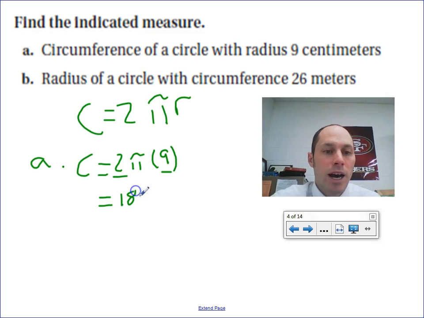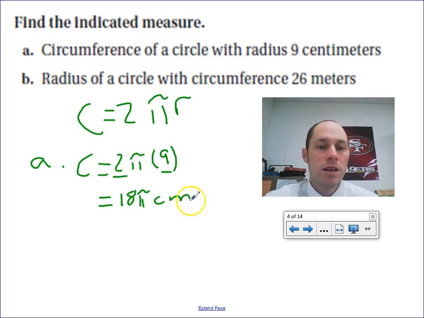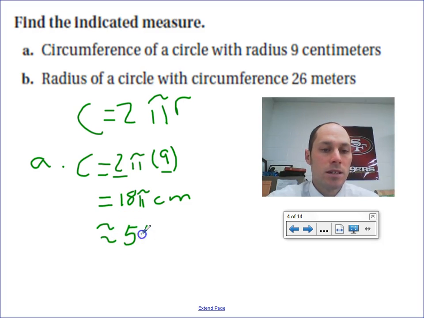So it's 18 pi. And that would be, what, centimeters? 18 pi centimeters. And if you want an approximation, you could use 3.14 for pi. 18 times 3.14 is approximately 56.52 centimeters.